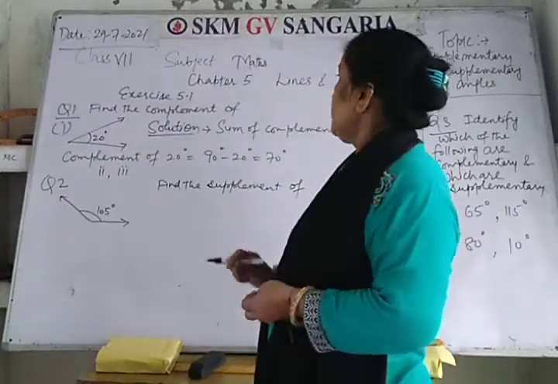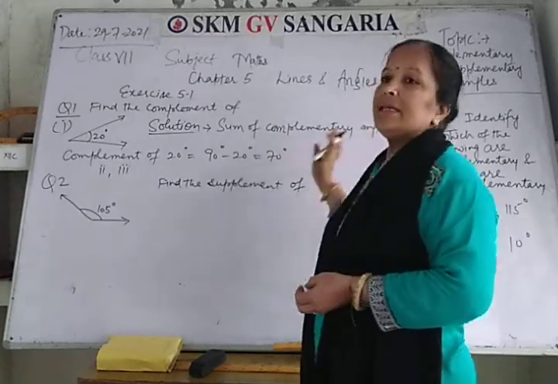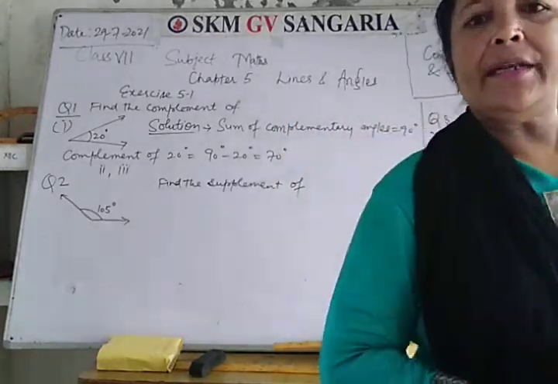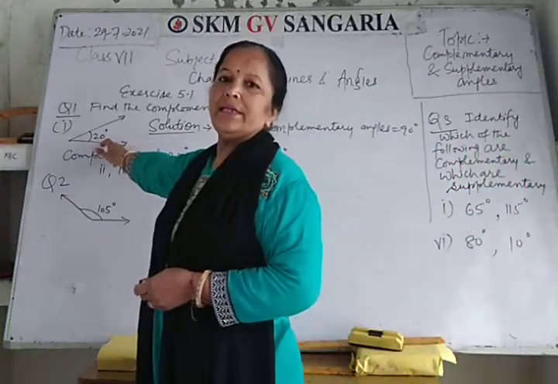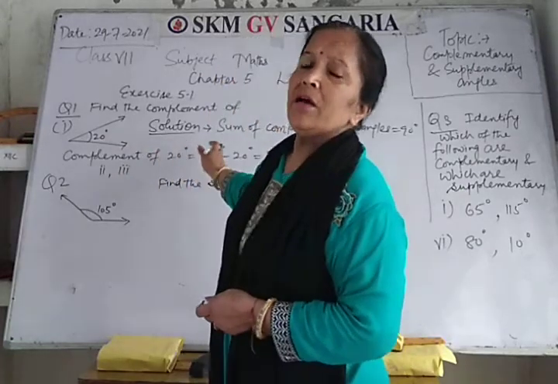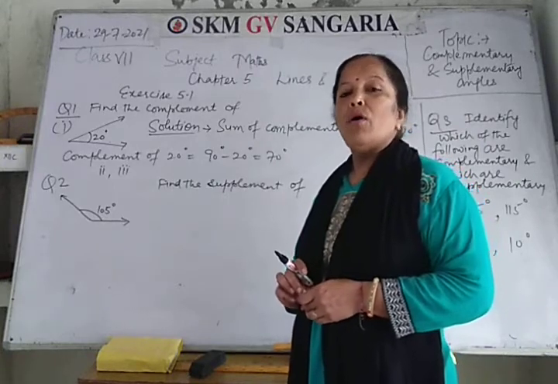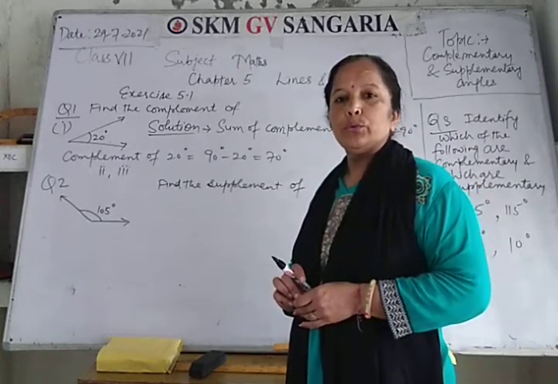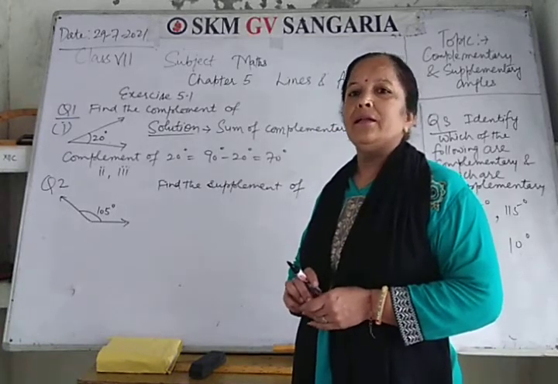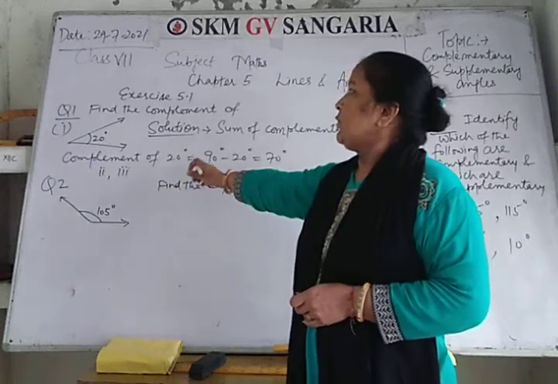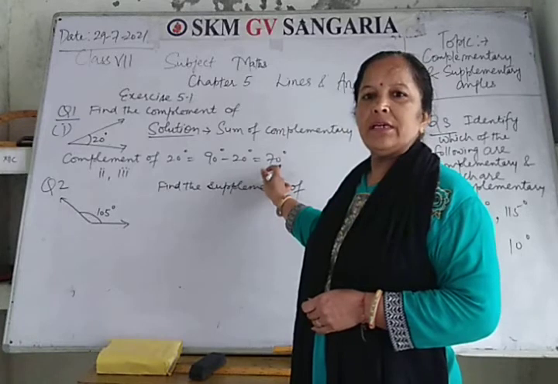As we know, the sum of complementary angles is always equal to 90 degree. So the complement of the given angle, 20 degree, will be equal to 90 degree minus 20 degree, because when the sum of two angles is equal to 90 degree, the angles are said to be complementary angles. So the complement of 20 degree is 90 degree minus 20 degree, which is equal to 70 degree.